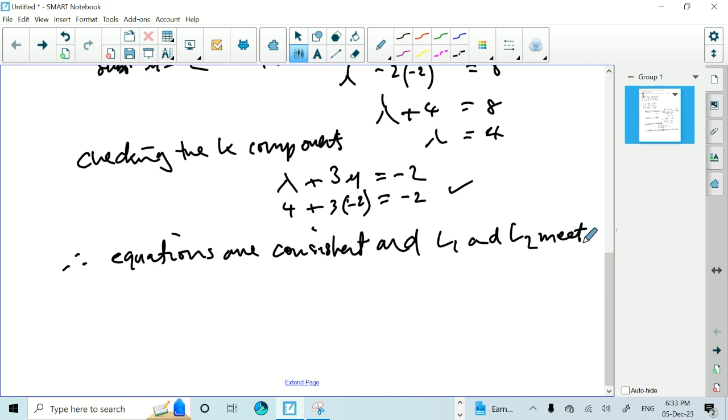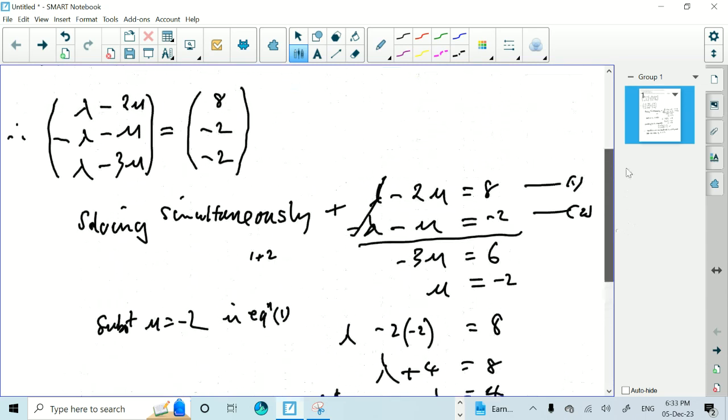The final thing that you will need to do is to substitute the value of lambda into any line, L1. So finally, substitute the value of lambda, excuse my writing, in L1.